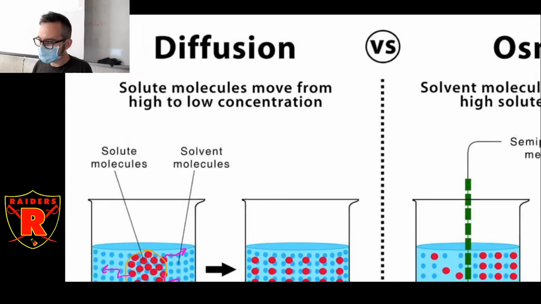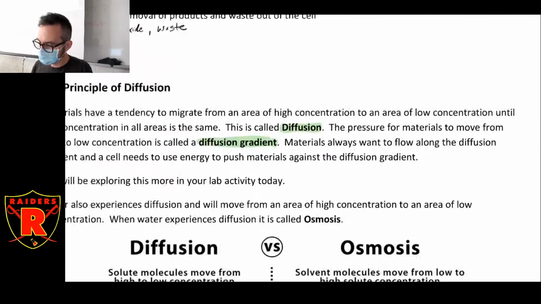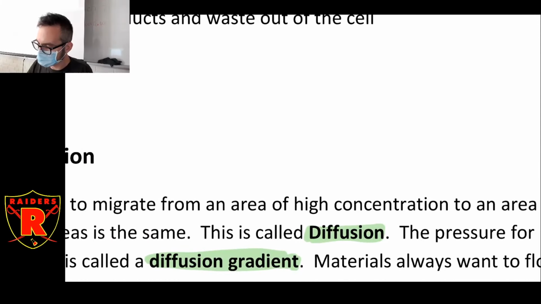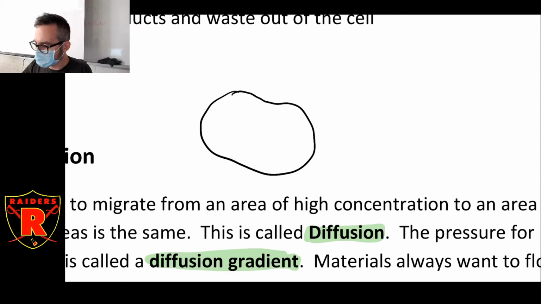So, if you have a cell, I'll draw my cell right here, and you've got a whole bunch of a certain particle on the outside of the cell. Let's pick something that could be on the outside of a cell. Sugar. Okay, actually, no, the cell membrane's not permeable to sugar.